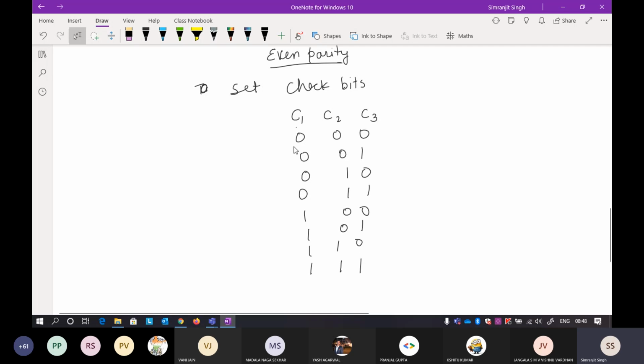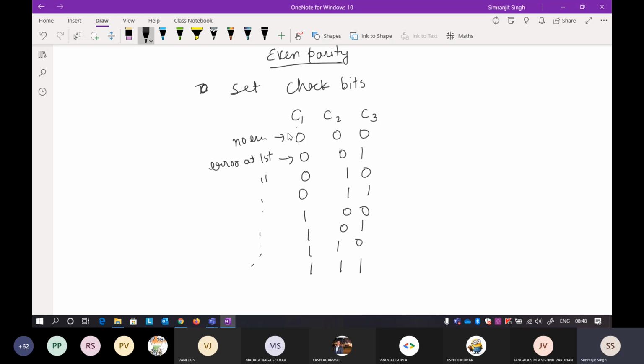There will be a total of 8 possibilities. The first possibility is no error, and the remaining possibilities are an error at any one of the 7 positions. So this is no error, this is error at the first bit, then second, then third, and so on.